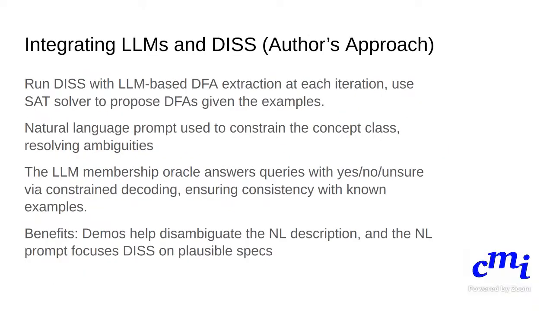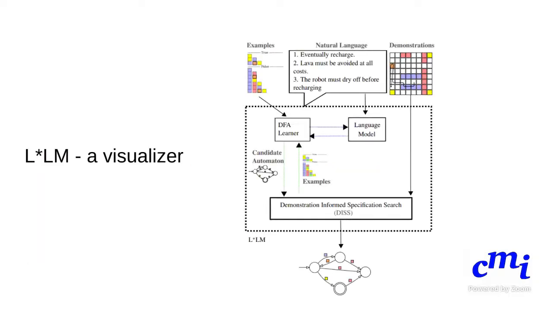But the way the LLM interacts here is that you use it to make those membership queries. I think this is a visualizer that they have presented: you have a DFA learner, you make membership queries to the language model, and you reach a point where you think this is the least amount of membership queries I can ask to learn the best automaton.